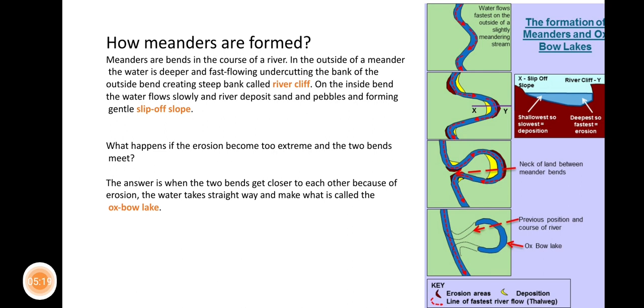If there is too much erosion, the two bends will meet at some point, and the water will take a straight line, leaving this new landform we call the oxbow lake. So the two bends get closer to each other because of erosion, and the water takes a straight way, making this oxbow lake. Beautiful. All right.